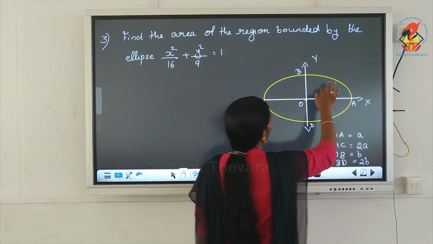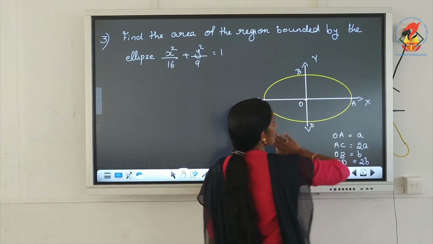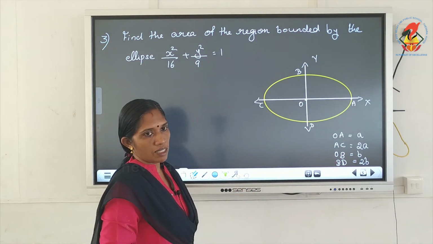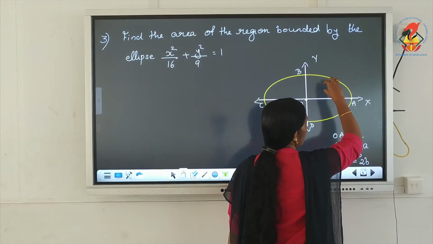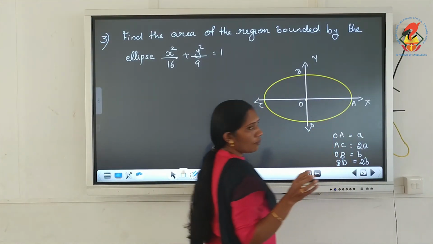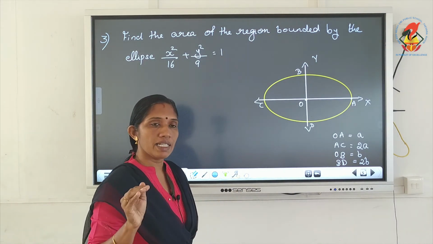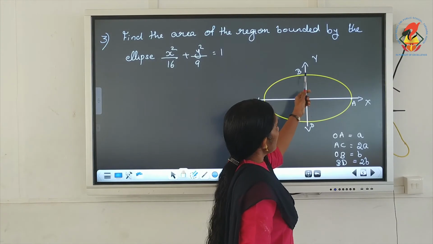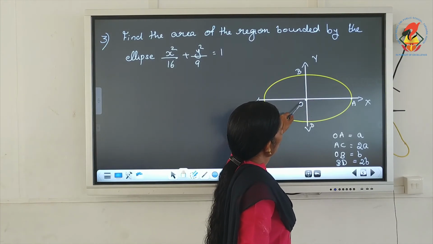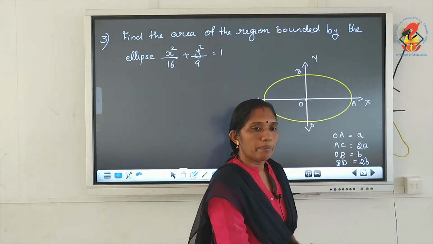And we know that all four parts are symmetric. So it is better we find the area of this first quadrant and multiply by 4. Since area is a positive quantity, we can use that way. That is, find the area of the region OAB, then multiply by 4.